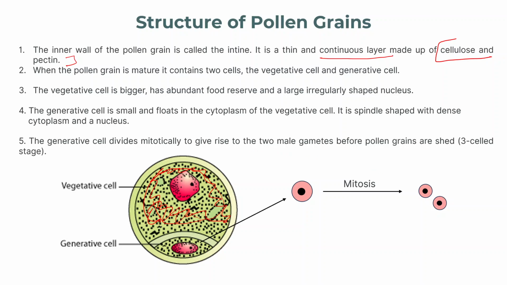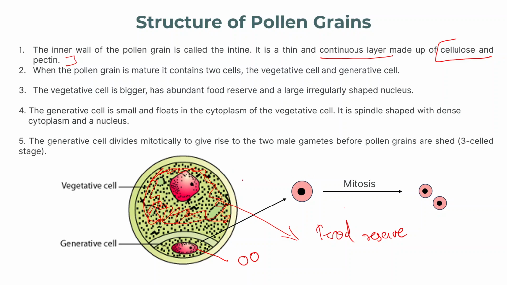This vegetative cell is big because it has abundant food reserve. But this generative cell does not need that much space because it is going to develop into two male gametes, and it is not functioning as a storage cell.